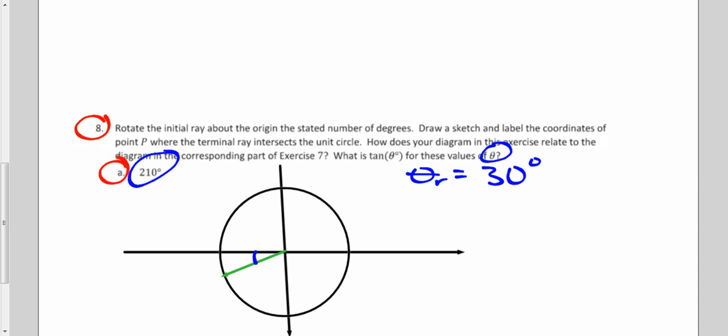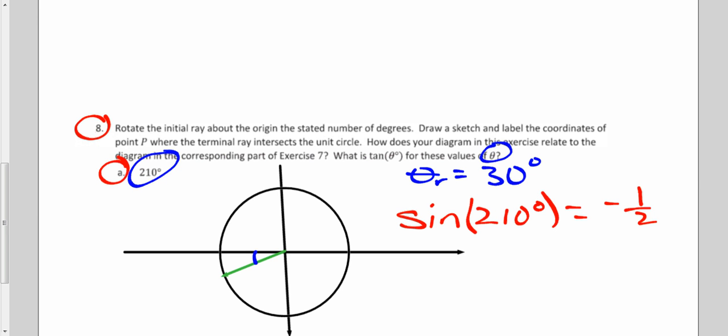So sine of theta, not theta sub r, but the regular one, the 210, equals negative 1/2.